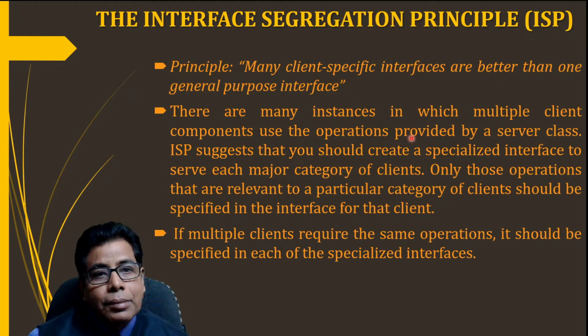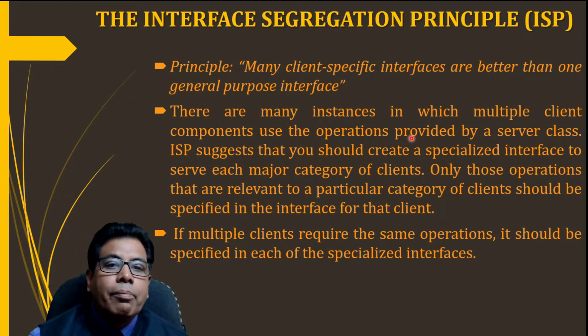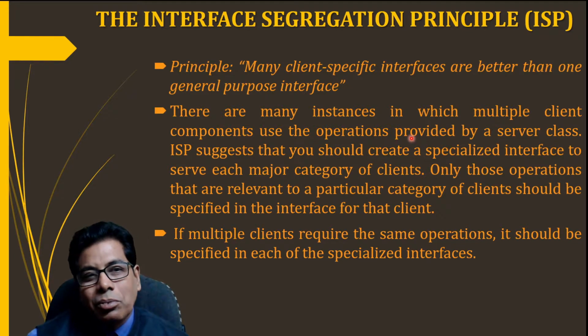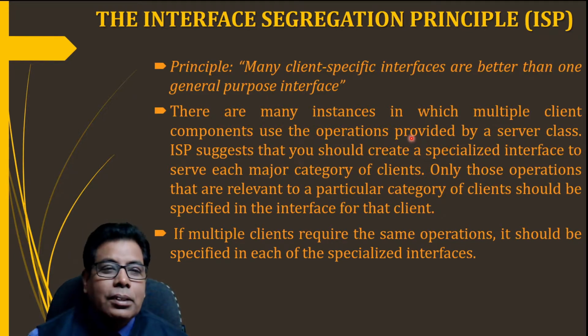Many client specific interfaces are better than one general purpose interface. Because if you make one general purpose interface and give it to specialized clients, unnecessarily they will have different operations which they are not going to use.